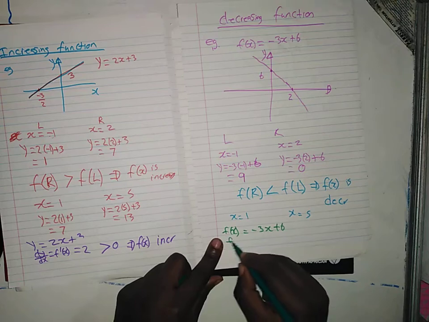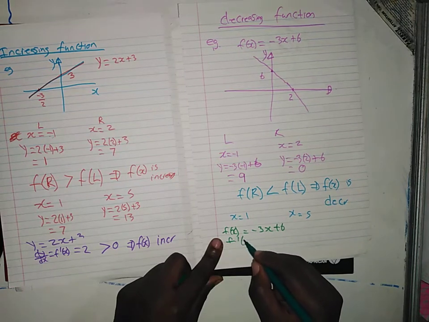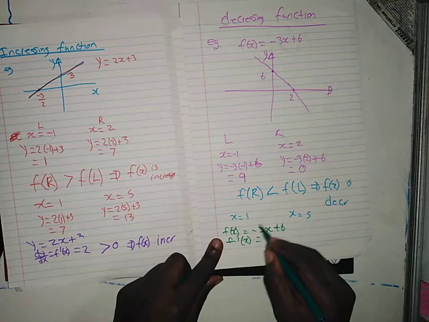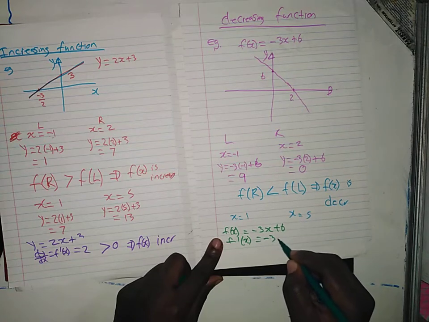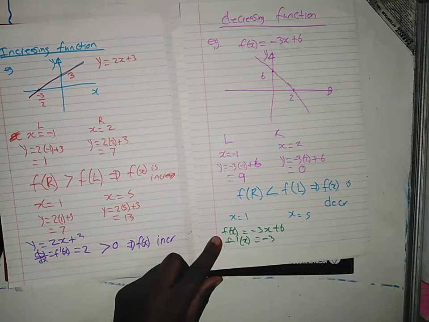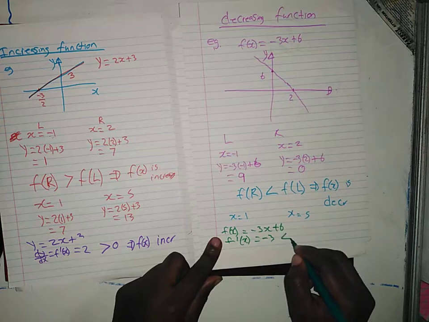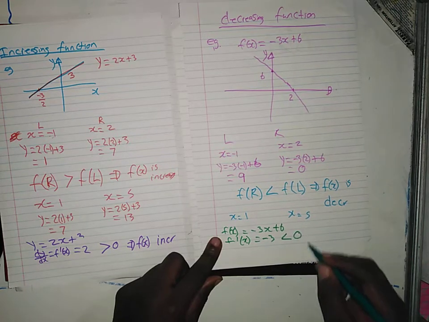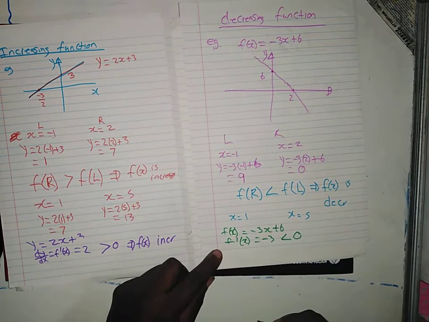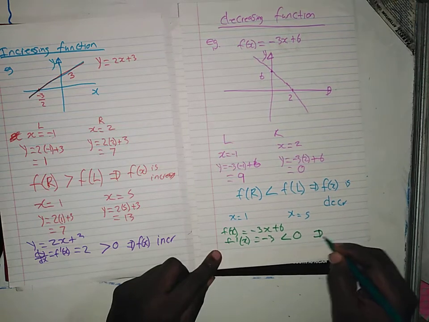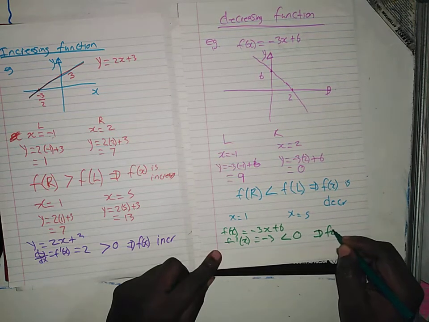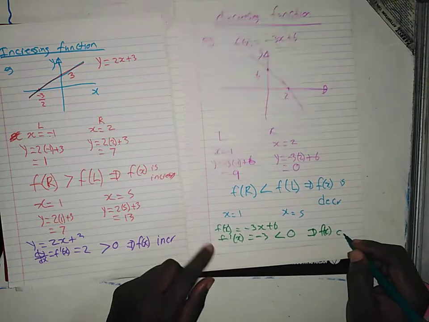When you find f prime of x, what do you get? From here you get minus 3, and then this one will be 0. So you've got minus 3, which is less than 0. Guys, this is very important. It's less than 0. So what does that mean? That means that f of x is decreasing.